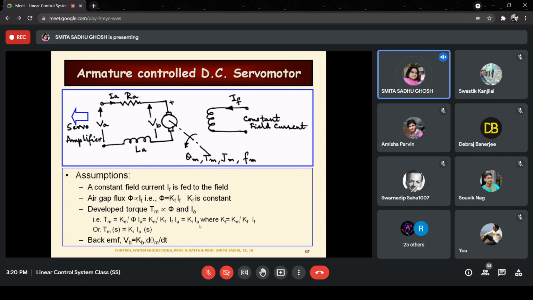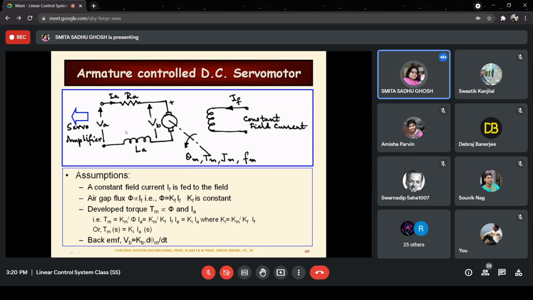From there, now taking the Laplace transform, we can write Tm(s) is equal to Ki into Ia(s), right? Also now, since this is the armature controlled DC servo motor, it implies that basically we would have to write the circuit equation for the armature side, and because the armature is being excited over here, we also would have to consider the back EMF when we are writing the equation.